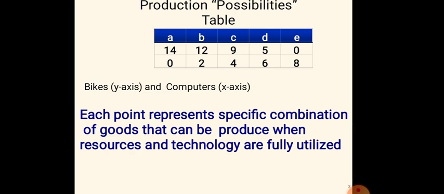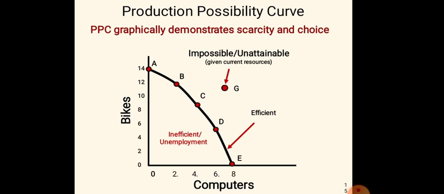If we plot all these combinations on a graph, the resulting curve that we obtain is a production possibility curve. In other words, we can also describe a production possibility curve as a graphical representation of a production possibility schedule.